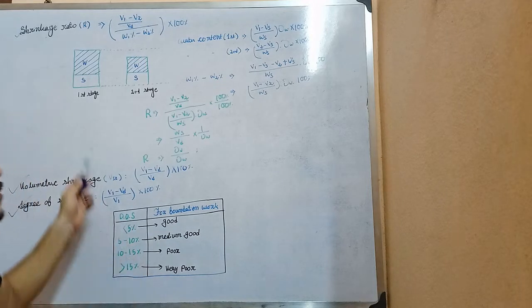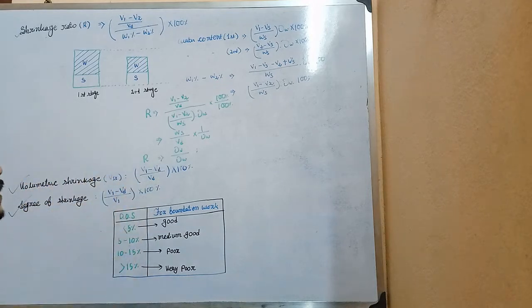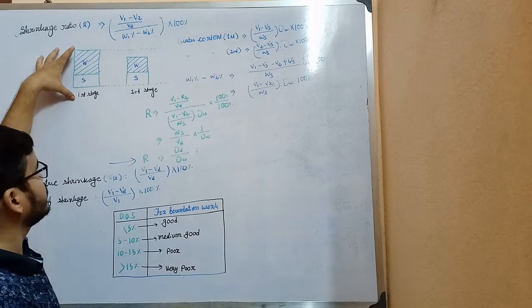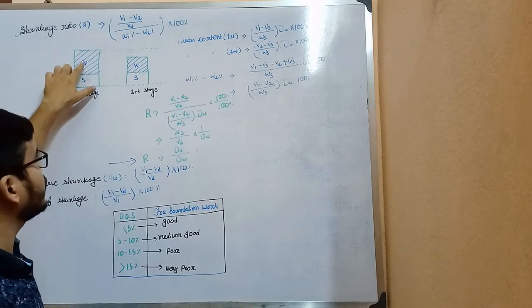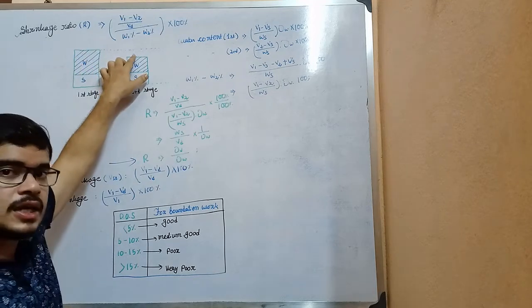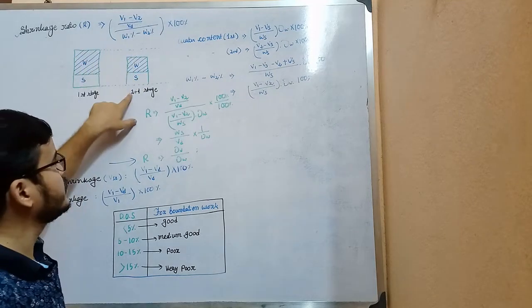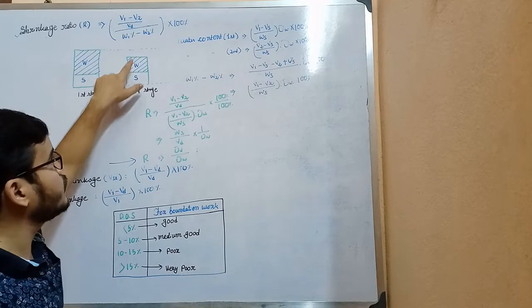Okay, now we will go to the calculation part, that is how we will get the shrinkage ratio value in general form. So first, this is the first stage, fully 100% saturated soil, solid and water. Then you remove some amount of water from here. This is the second stage, solid and water.